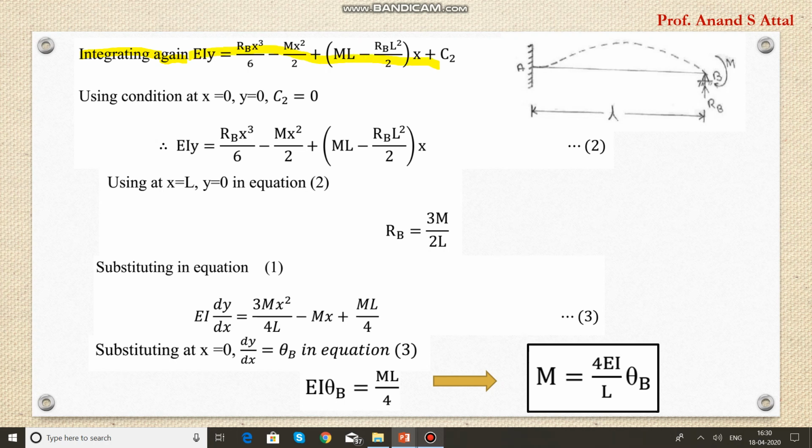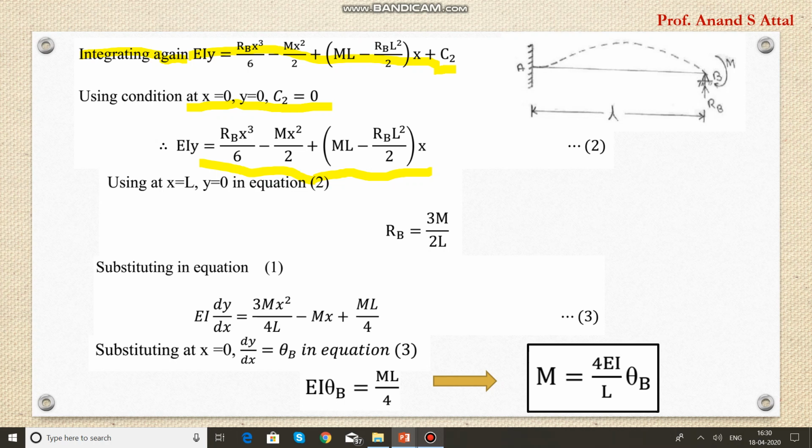Now using another boundary condition, at x = 0 the deflection y is 0, so C2 is 0. We get equation 2: EI y = RB x³/6 minus Mx²/2 plus (ML minus RB L²/2) x.